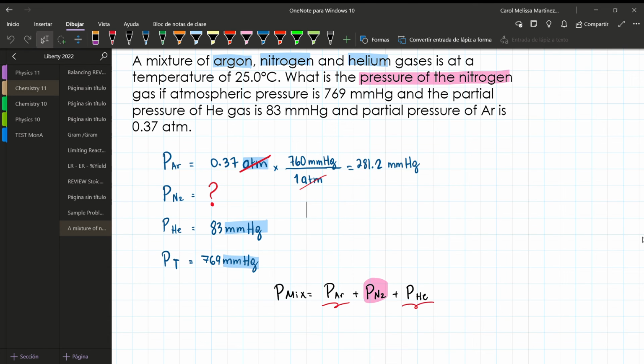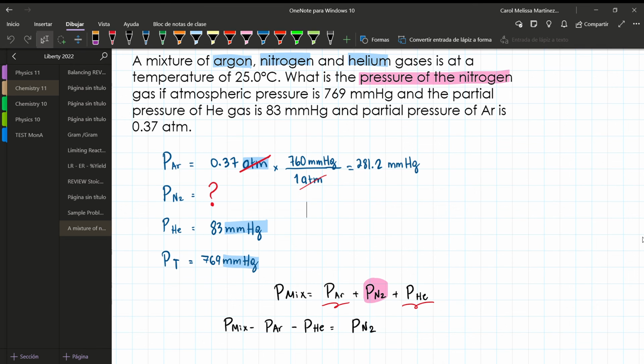Helium is also adding, it's going to go to the other side to subtract. So you will have pressure of the mixture minus the pressure of argon minus the pressure of helium gas equals the pressure of nitrogen.